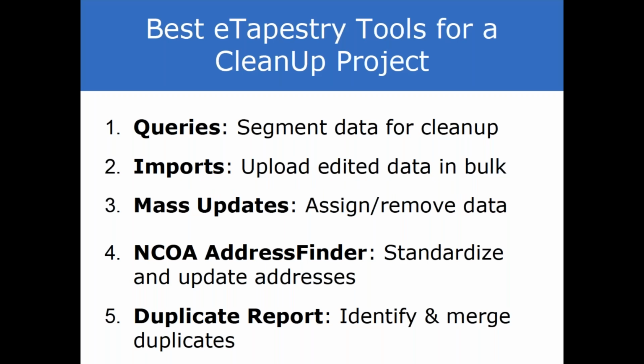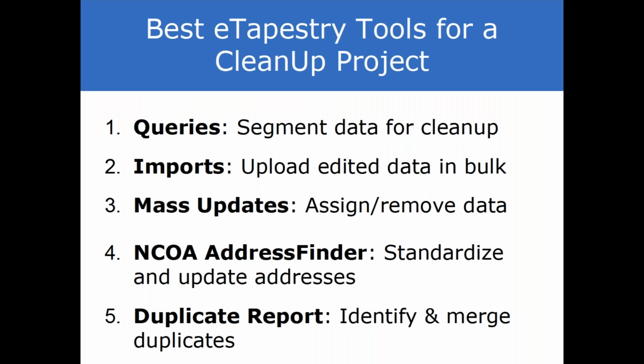The first among the best tools that you can use are actually eTapestry queries. These can be used to group together and isolate the data that needs your attention the most. I like to use queries to group together records that share the same mistake, because as you correct each record, it then falls out of your query results, allowing you to track your progress and focus your work.